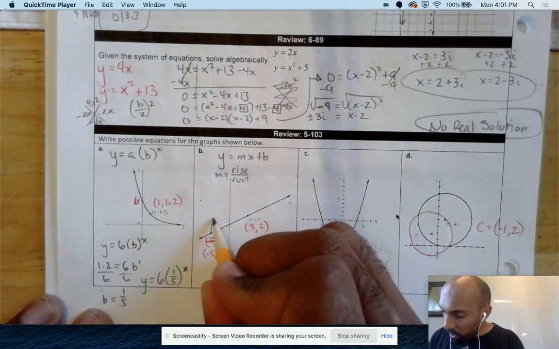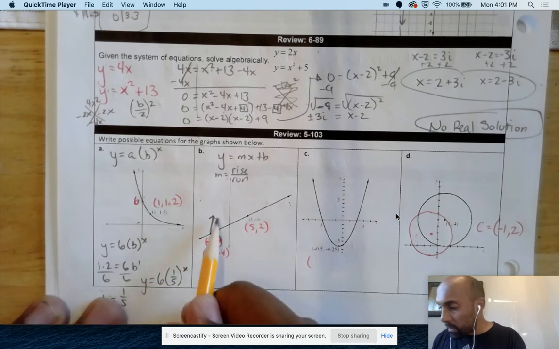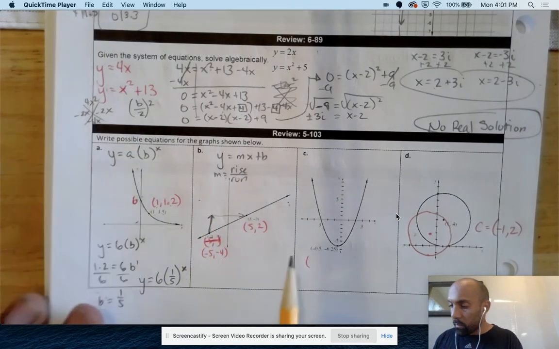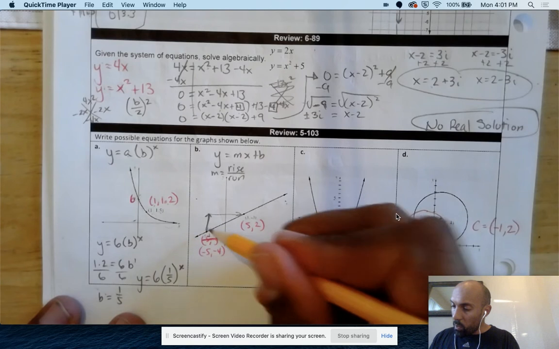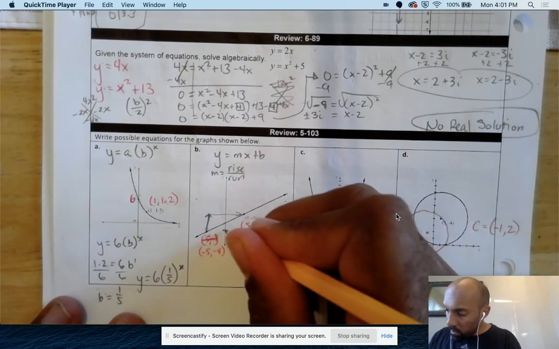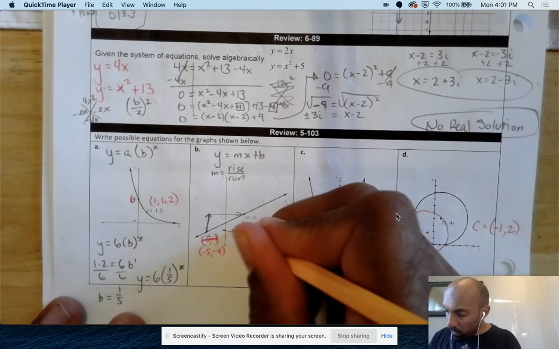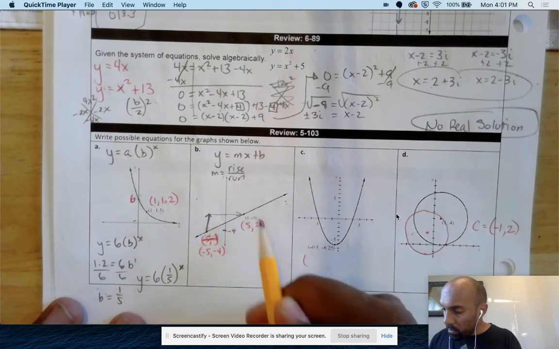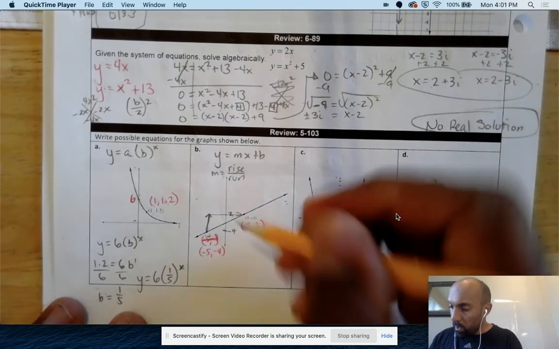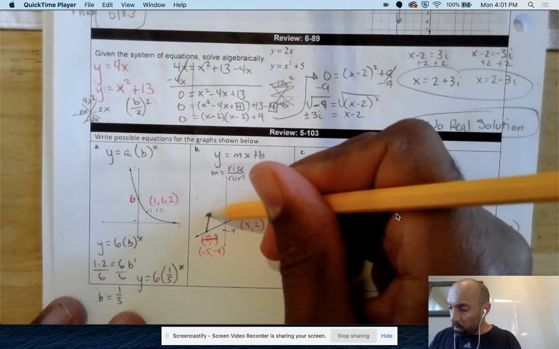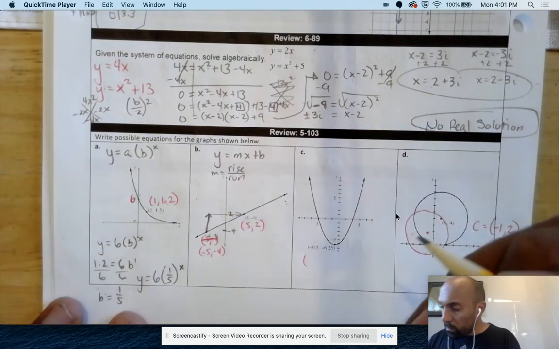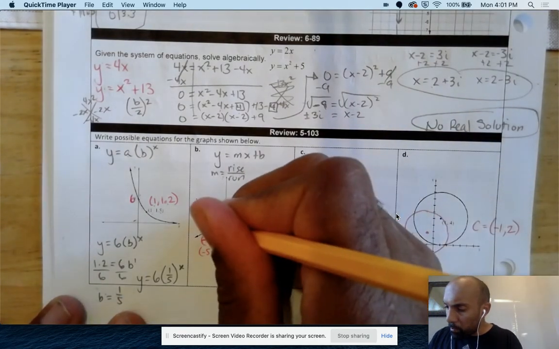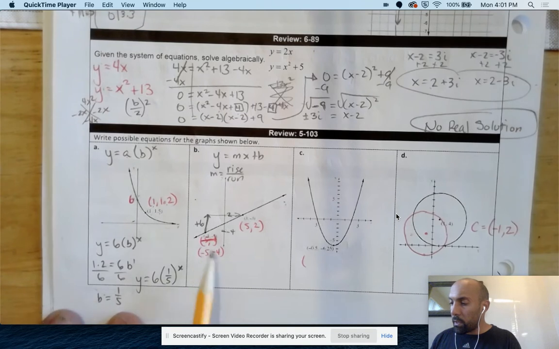So starting, I'm going to figure out how far do I go up, or what's my rise, and then what's my run. Okay, so remember, these are y values, right? So right here, this is the y value of -4, and it goes up to the y value of 2. So going from -4 to 2, which would be +6.